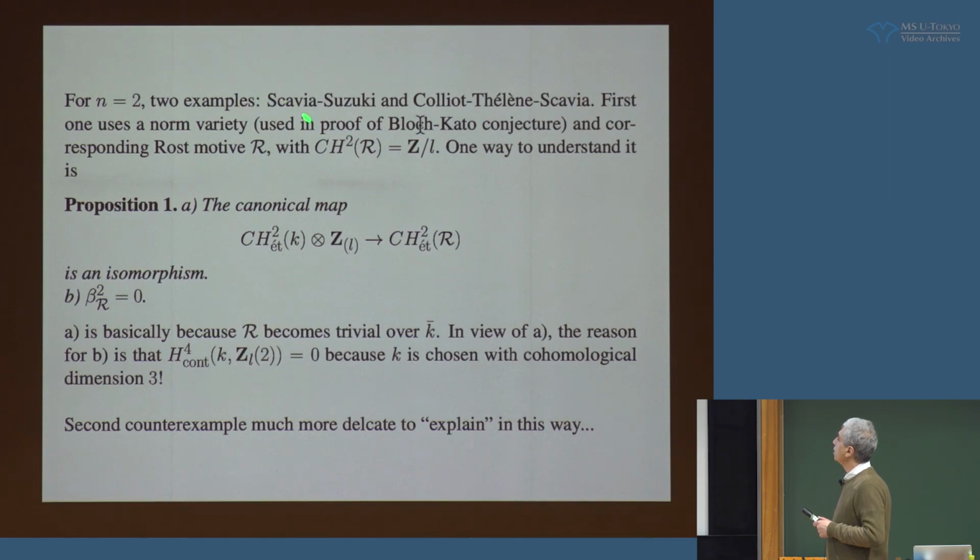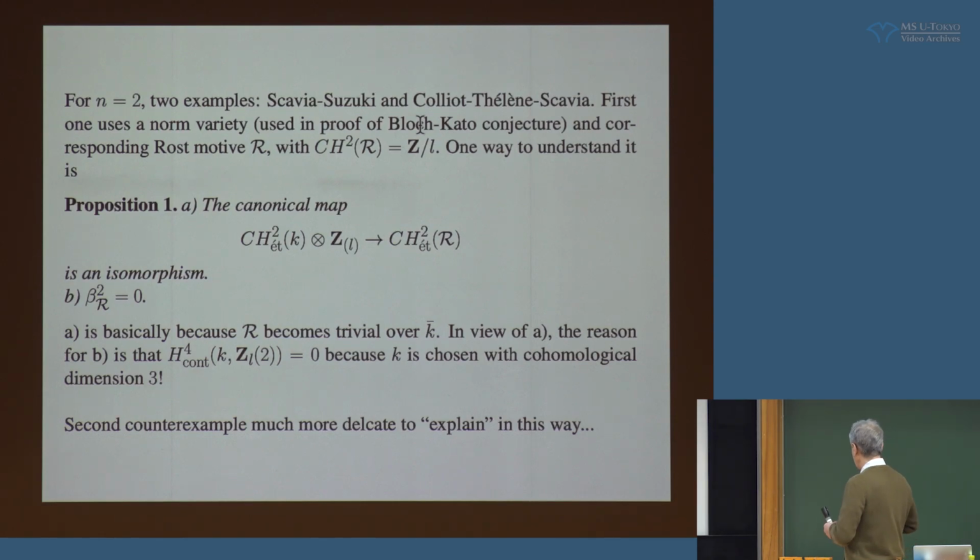In Scavia and Suzuki, they look at an example which is inspired by the proof of the Bloch-Kato conjecture. In this proof, you take a norm variety, and it has an associated Rost motive.